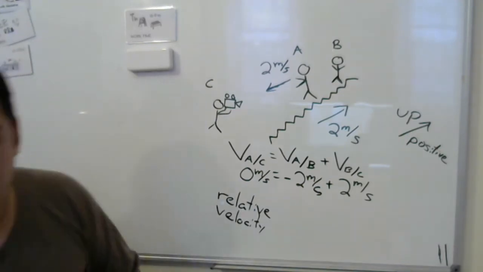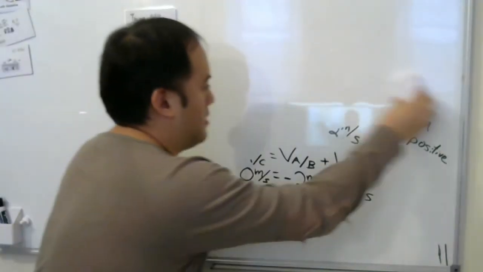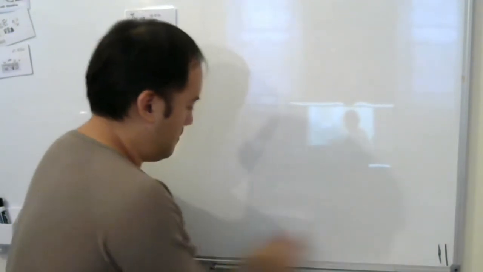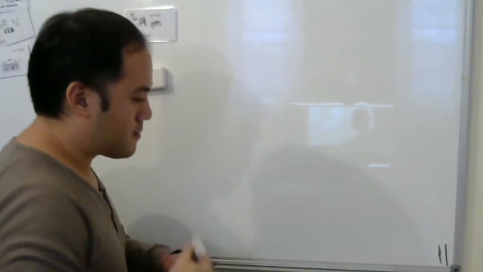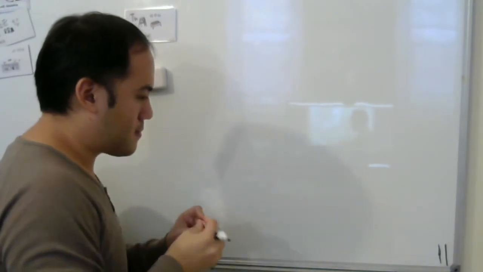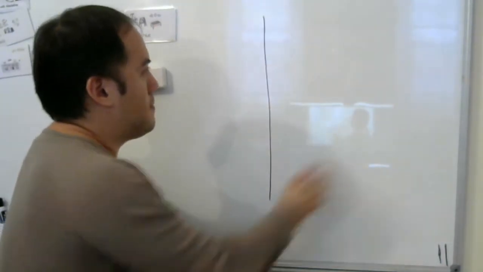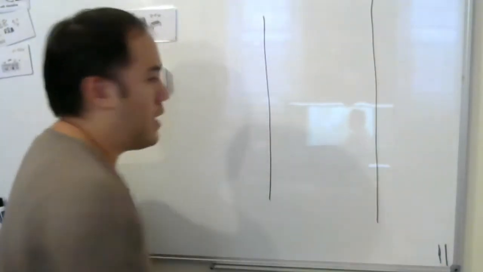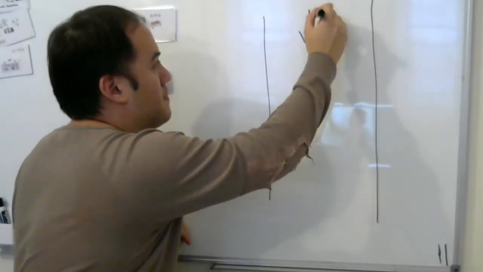The most common example of this is a river. Alright, let's say we got a river, and the river flows, oh, I don't know, 3 meters per second.